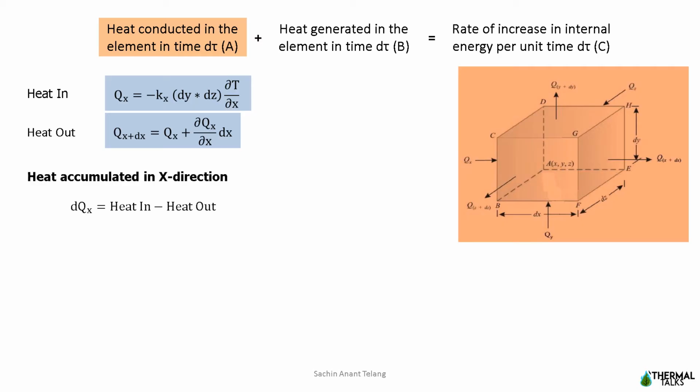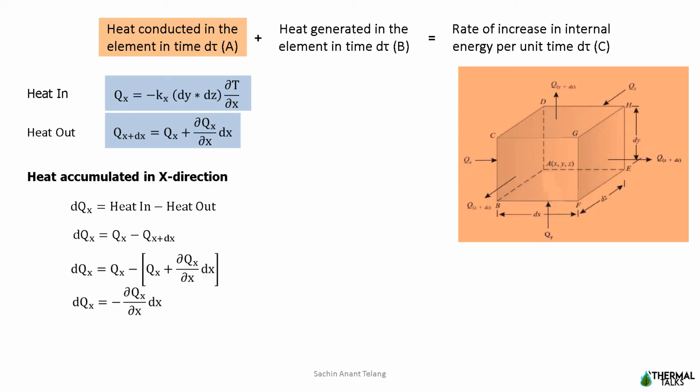Now the heat accumulated in direction x is nothing but heat in minus heat out. It is going to be a mathematical deduction from here. Now what is heat in minus heat out? It is Qx minus Q of x plus dx. Substitute the values from the above equation, and when we reduce it we'll get minus of dou Qx by dou x into dx.